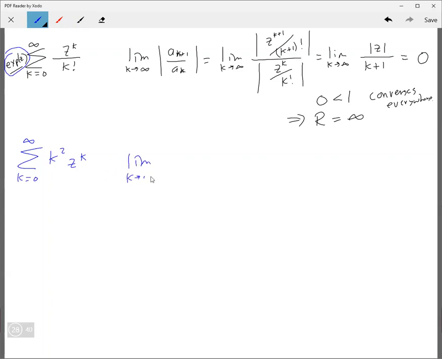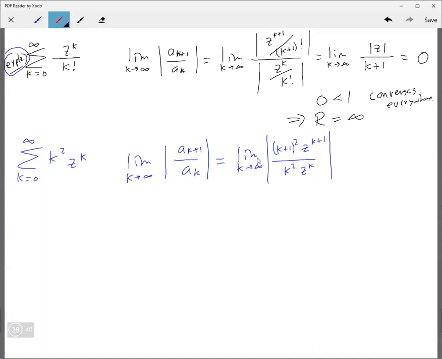If you take the limit as k goes to infinity of this one, you put k plus 1s in here, that's going to be k plus 1 squared z to the k plus 1 over k squared z to the k.